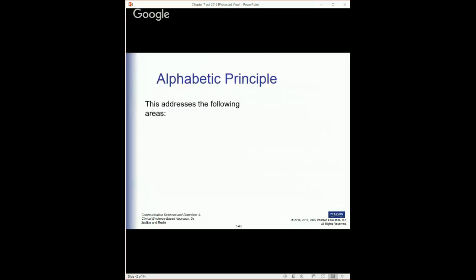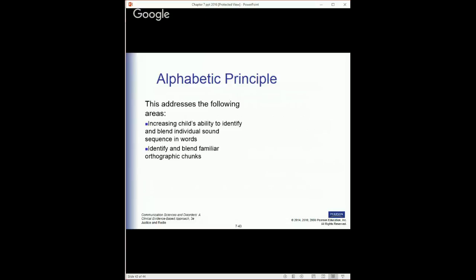Alphabetic principle addresses the following areas. Increasing child's ability to identify and blend individual sound sequence in words. Identify and blend familiar orthographic chunks, such as pre, meaning before, and view, meaning watch.